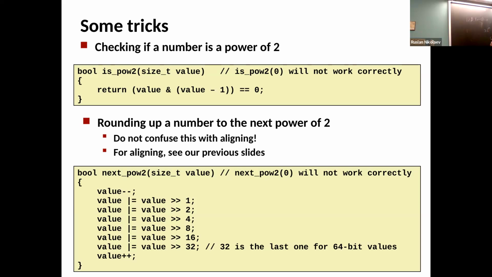If it's a power of 2, you'll only have a single 1, with zeros everywhere else. And when you subtract 1, that's going to be basically 0, and everything below gets 1, 1, 1, 1, right? So when we do bitwise AND, it's still going to get us zeros, right? But if you check with any other number that's not a power of 2, that's not going to be the case. There will be some non-zero value.